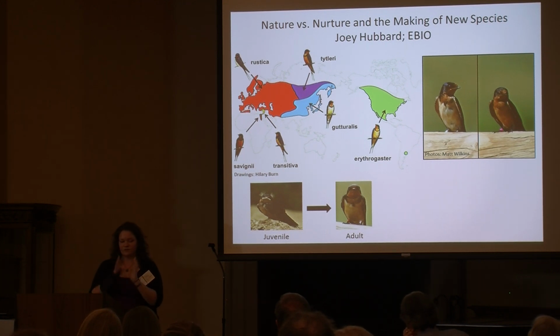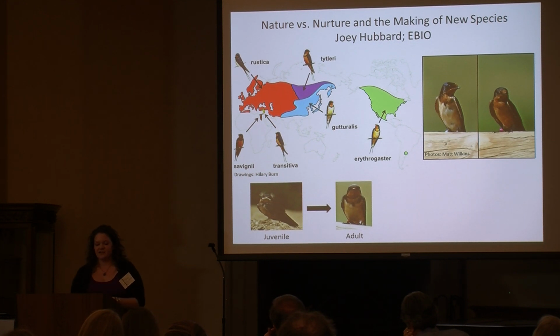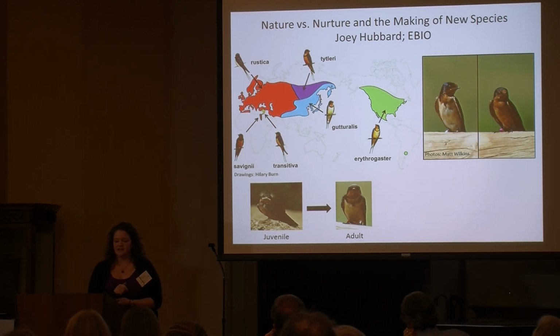So what I found so far is that it seems to be a mix of this nature versus nurture, genetic dad versus foster dad. And that's true of most traits that have been studied in this context. So my next step is to do some manipulative experiments to really quantify nature and nurture.